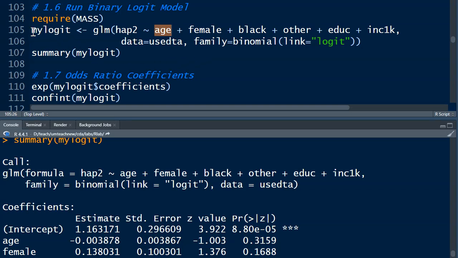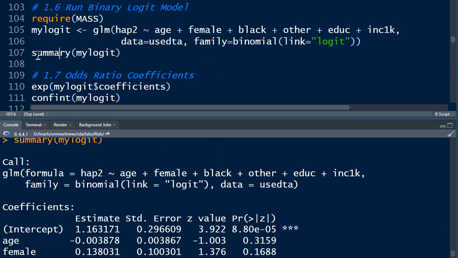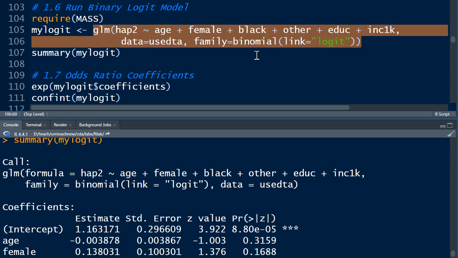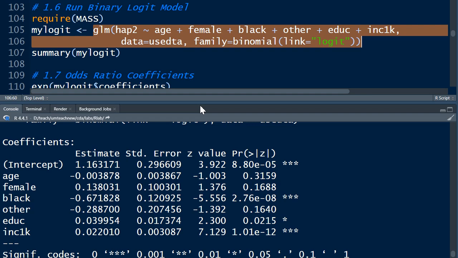After running this line, we can run summary(mylogit). Here, mylogit is the object name representing the binary regression estimation results. Now what we'll get is this table below.